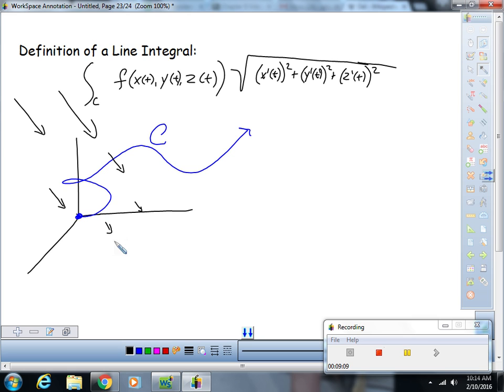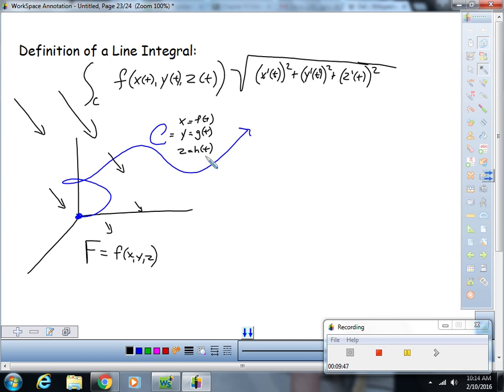Imagine that there is a force field that is determined by some multivariable equation. Now, you also have a curve, which is determined by some set of parametric equations.